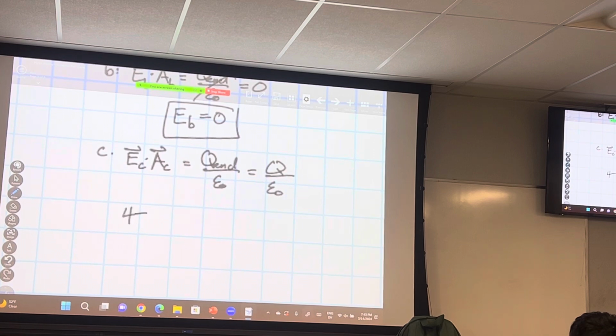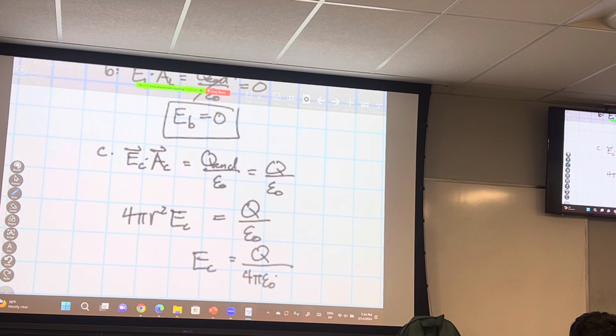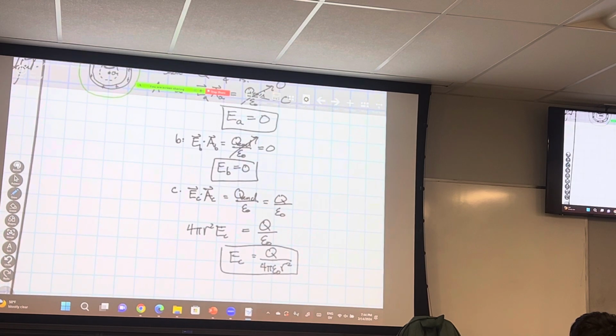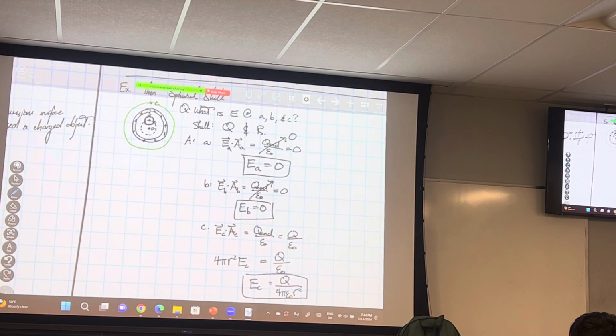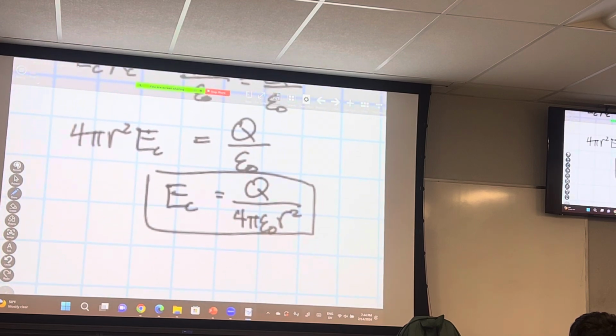It will be 4 pi r squared times the electric field at C. This would be equal to Q over epsilon naught, meaning the electric field is going to be Q over 4 pi epsilon naught r squared. So pretty much it behaves as if all of this charge was condensed onto a single point, because what expression does this look like? That of a point charge.